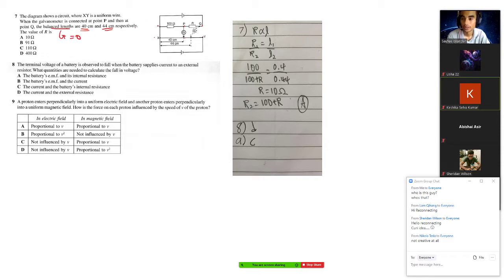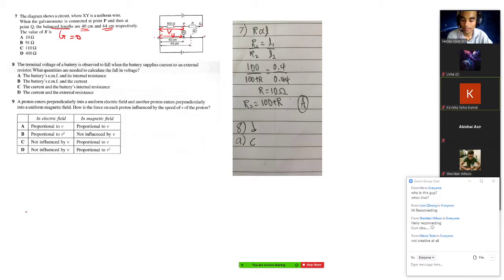So the value of R is, actually the concept is this part: this V equals this V. V up equals V down, so the potential drop across that wire is the same as across the 100 ohm.